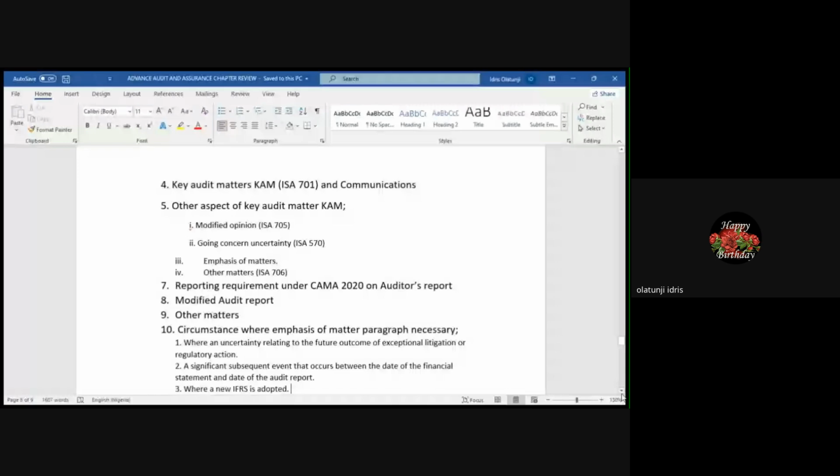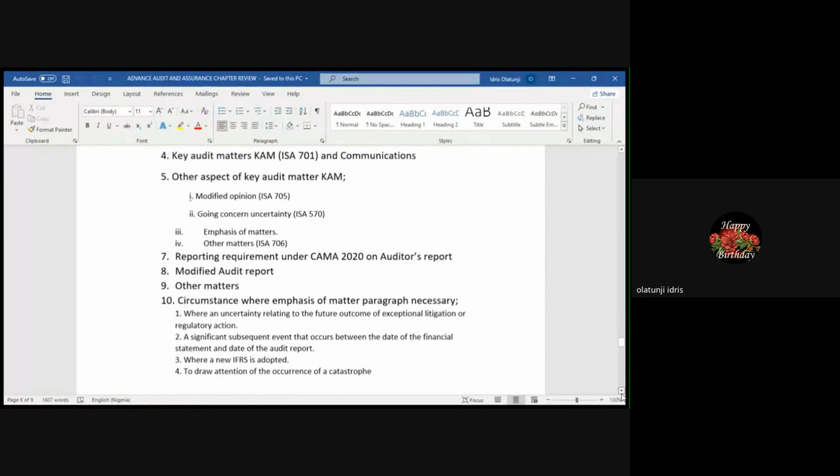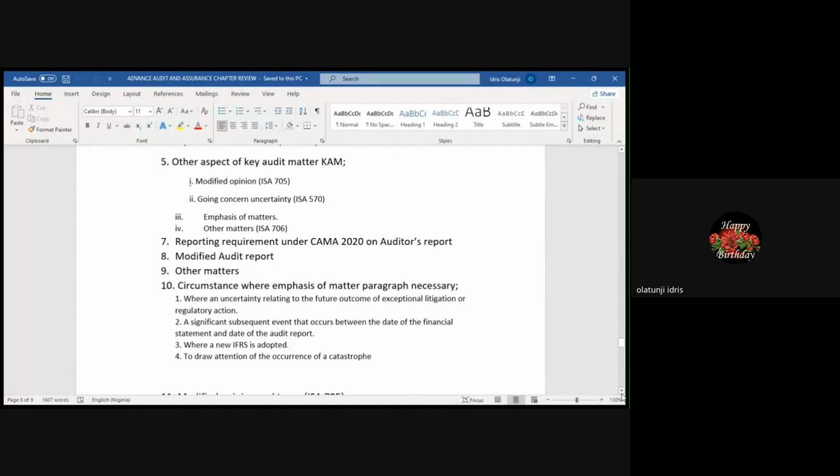It is necessary. First of all, they make an emphasis of matter paragraph when there's going concern uncertainty. And these are the conditions where they can make emphasis of matter paragraph.